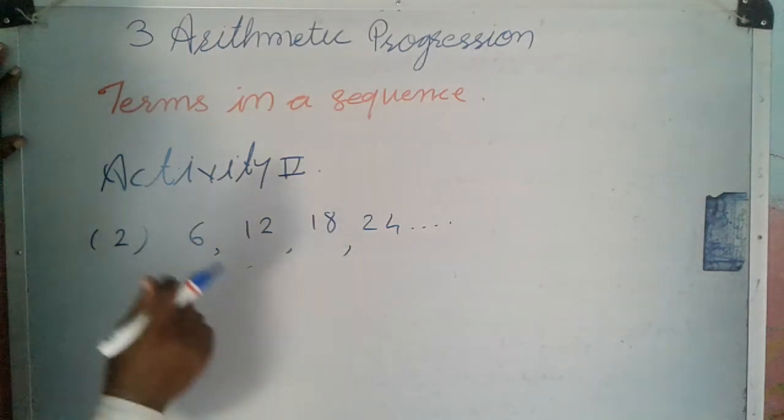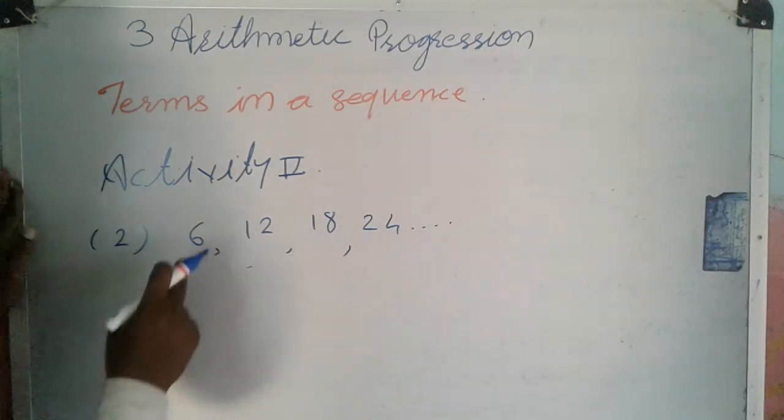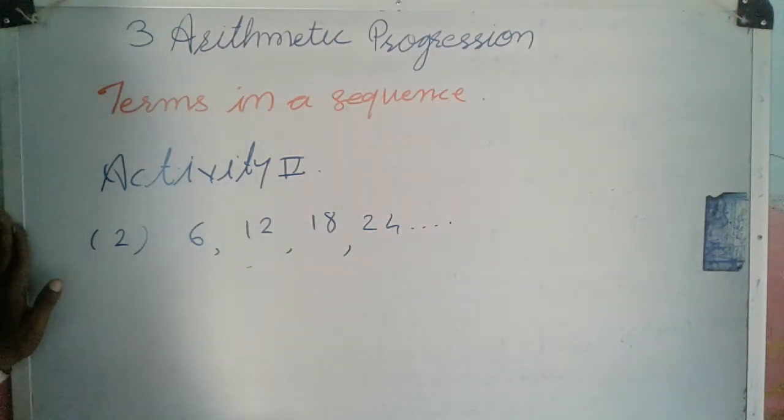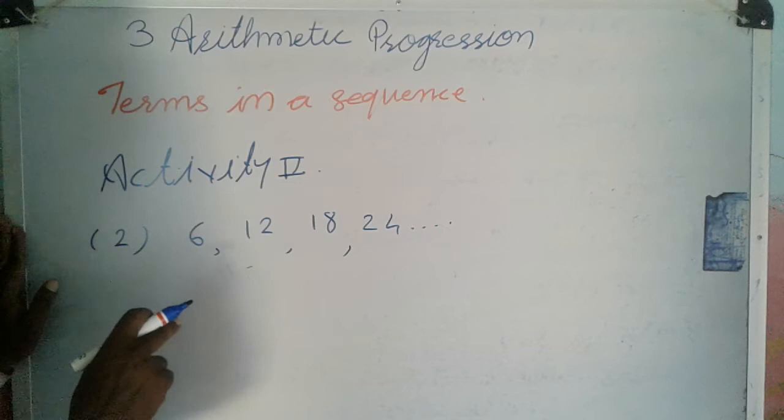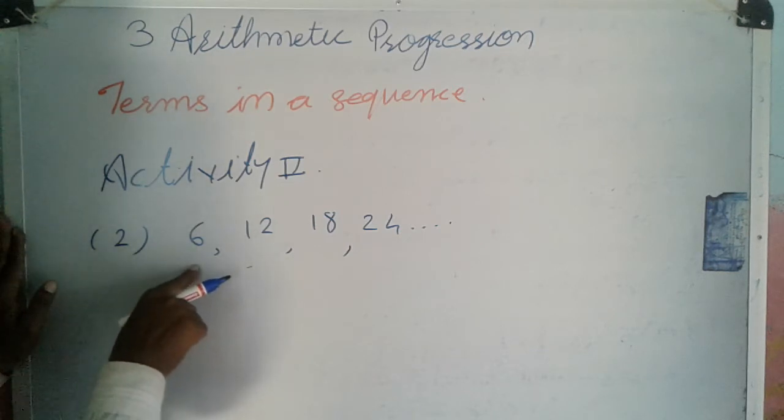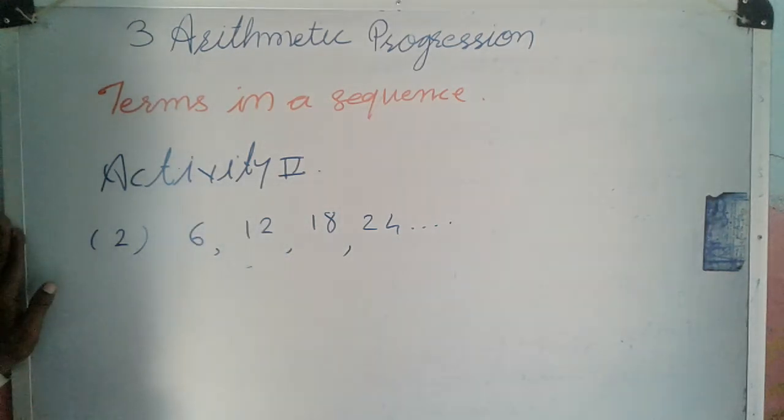That means these are multiples of 6. That means if we add 6 to the preceding number, we get the next number.